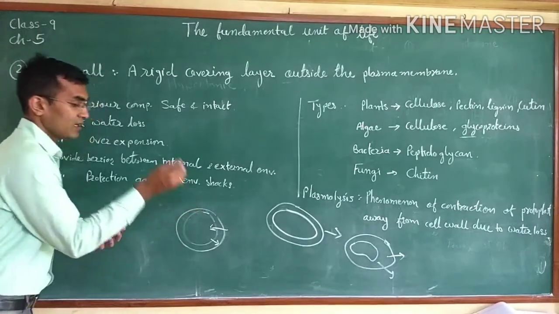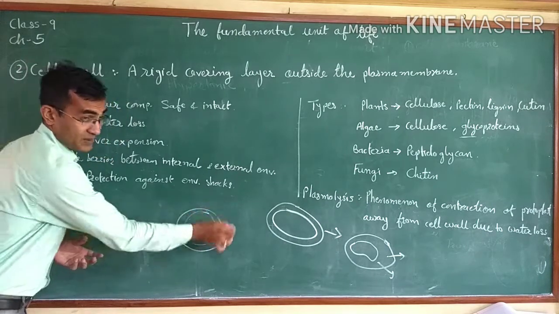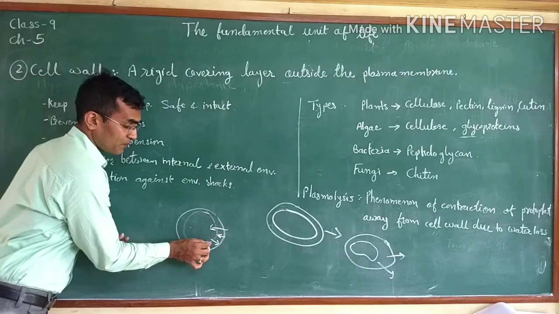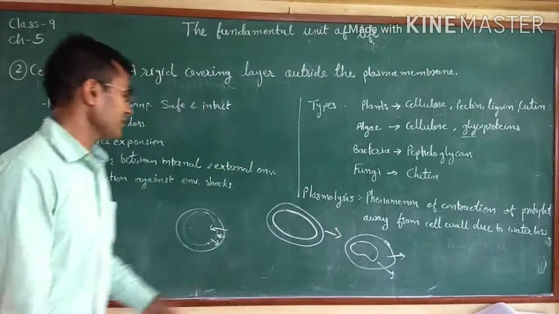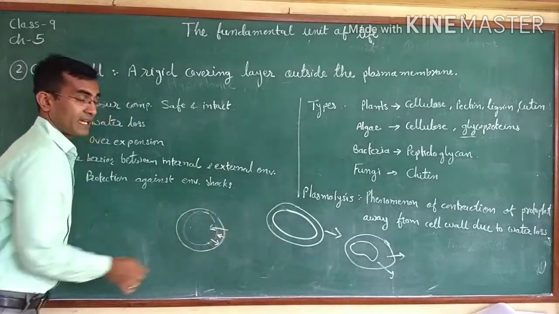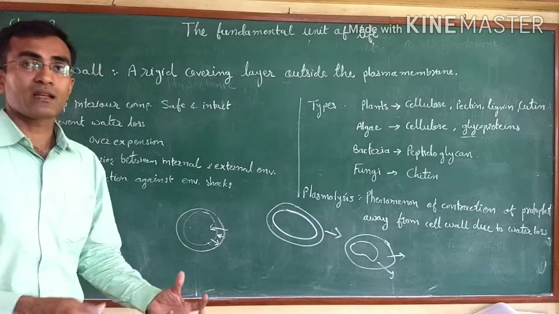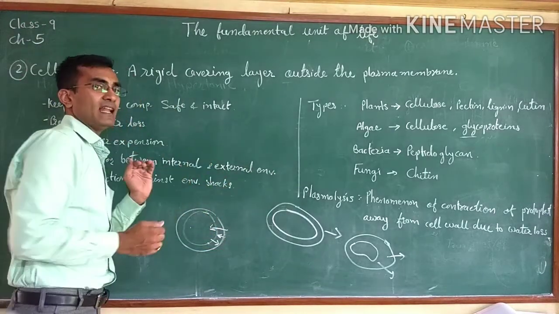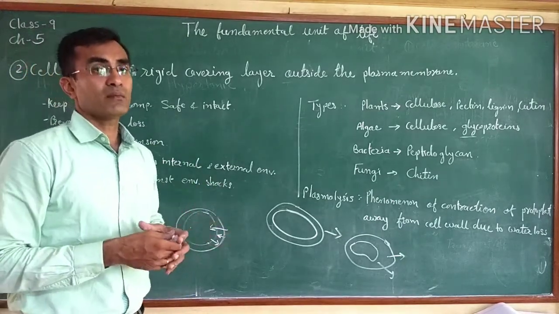But here, the cell wall will put pressure back on the cell membrane. As the content expands, it creates turgor pressure, whereas the cell wall puts a pressure back on the cell membrane. By putting this back pressure, it saves the cell from expansion and from bursting.